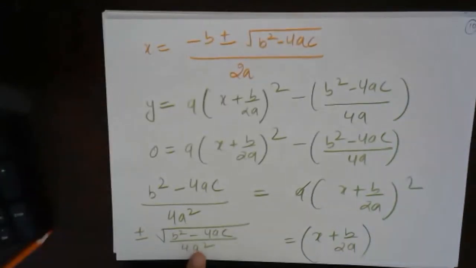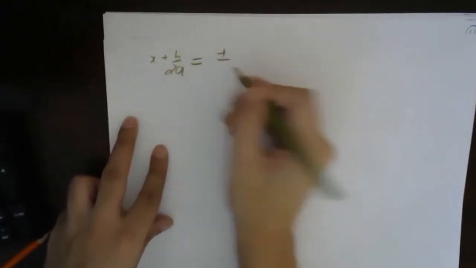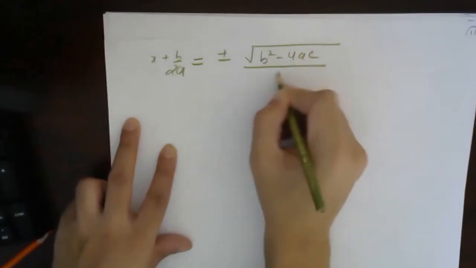Since this is 4a square, I will take 2a. So x plus b by 2a is equal to plus minus under the root of b square minus 4ac by 2a.